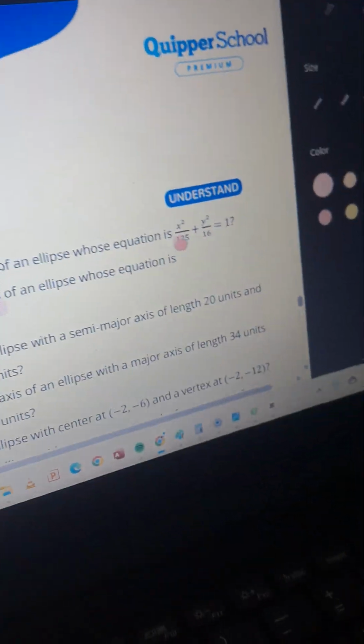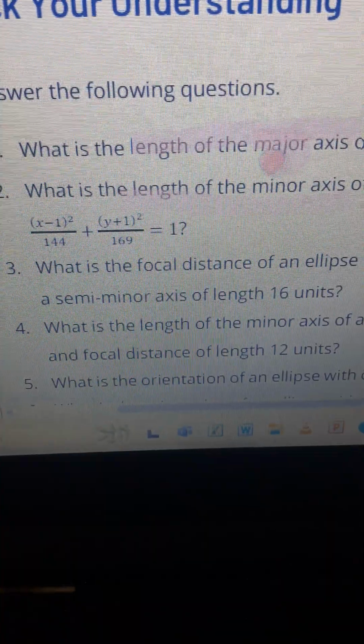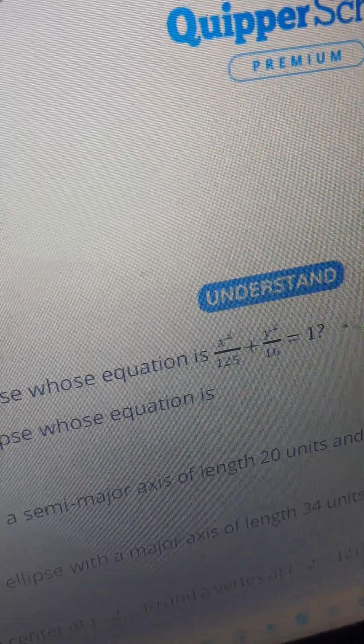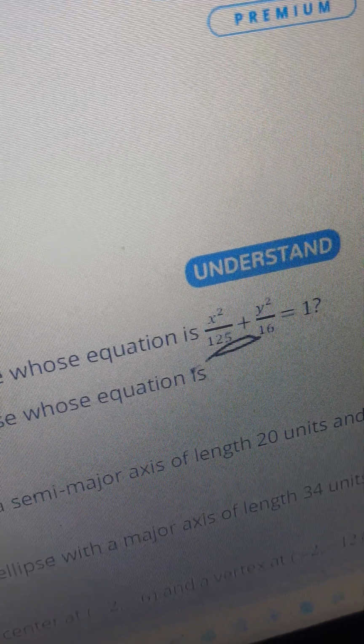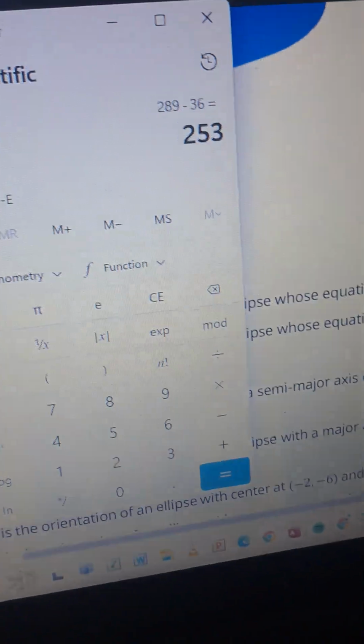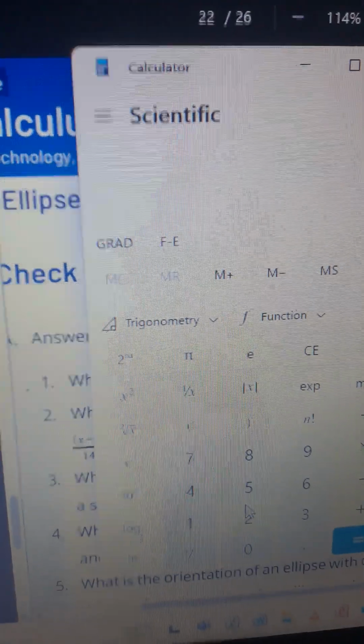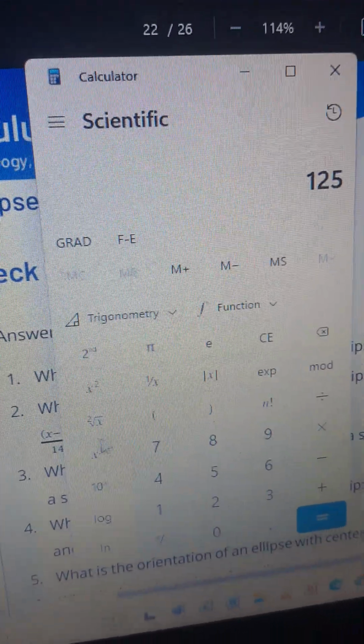So all you gotta do is first find your A and or your B. Since we're finding our major axis naman, we're finding our A. Diba our A is the bigger value. So our bigger value is obviously 125. If you have your A, all you gotta do is square root it. Wait, my calculator is not popping up. Okay, so you gotta put 125 and square root it.